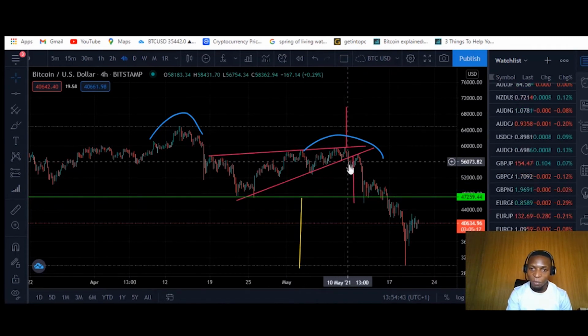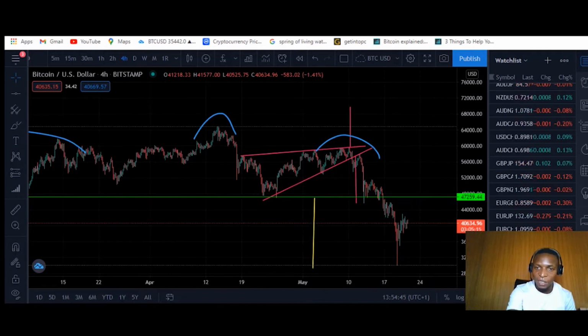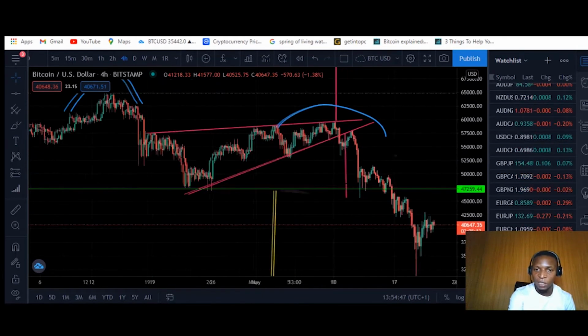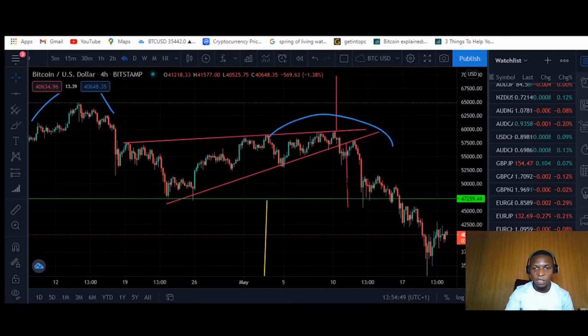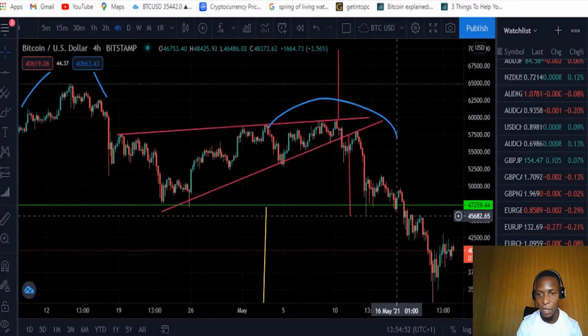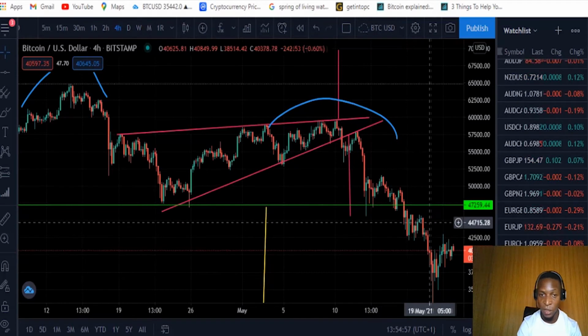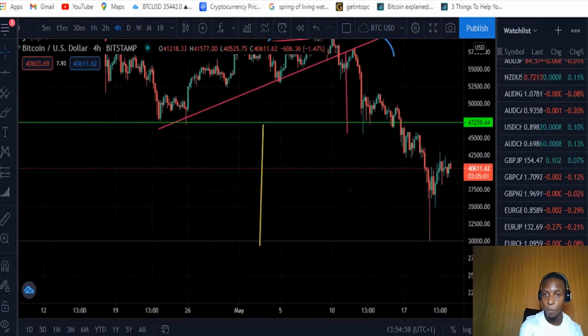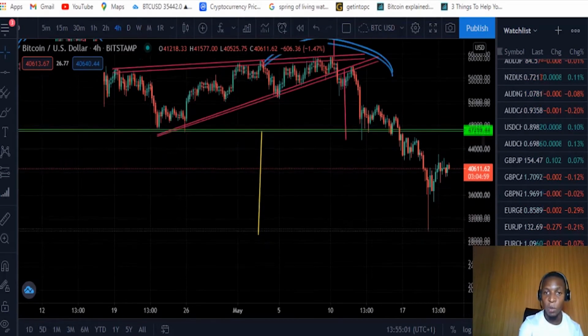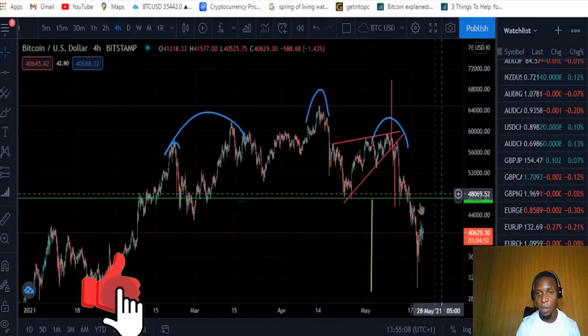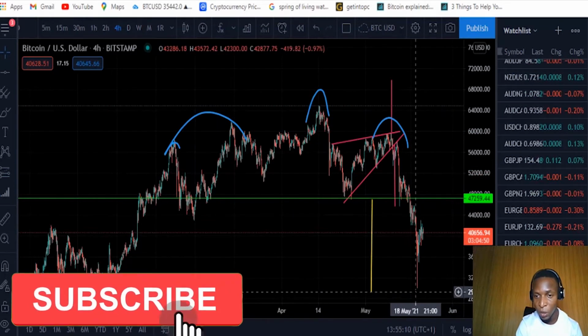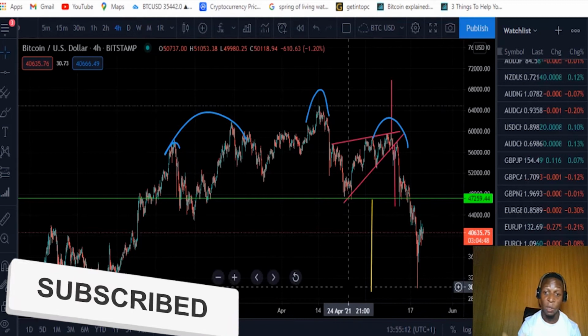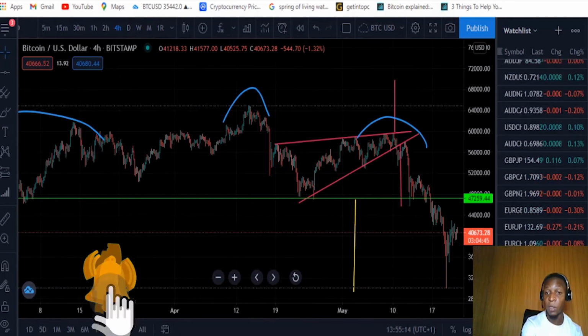Then perfectly it broke down, retested the previous support line as resistance, then continued and met up with our target of $45,500. Then it consolidated and continued the formation of this head and shoulder pattern. It perfectly met up with the target of around $30,000, which I was actually shocked by.